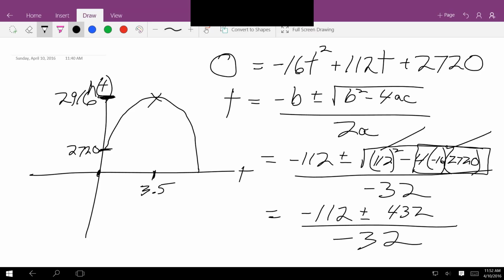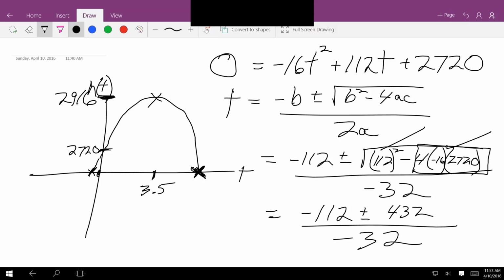One of them's a negative number, one of them's a positive number. Well, guess what the negative number is? If I were to carry this thing back to the ground, that's what the negative answer is. It's a negative time. Well, there's no such thing as negative time, so we discard the negative answer and we use only the positive answer, which gives us that point.